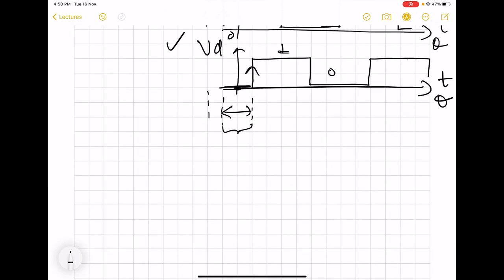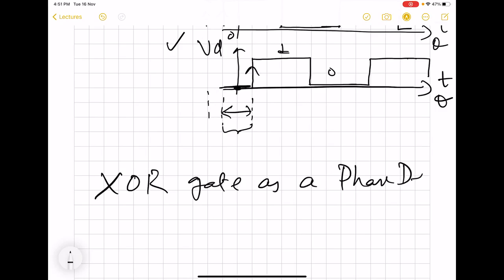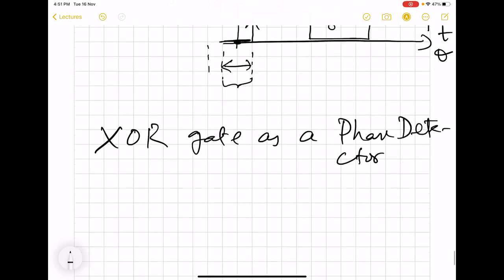So let us see whether an XOR gate can do this task. That means an XOR gate as a phase detector, of course for digital signals.